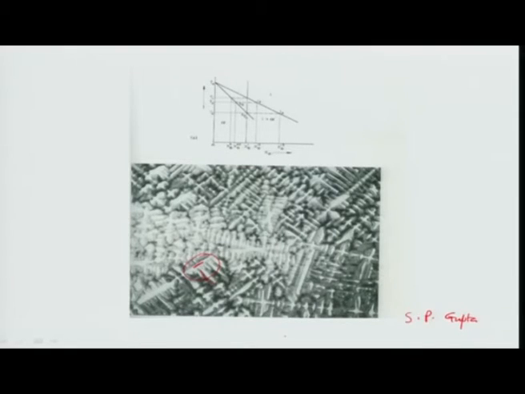So here you can see the dendritic cores are rich in nickel. That's what we have seen in the earlier picture. On the other hand, dendritic peripheries are rich in copper or otherwise lean in nickel. Therefore initially whatever solid is formed at the center of the dendrites is nickel rich, but the periphery is copper rich or nickel lean, and that is what is known as coring, as I discussed.